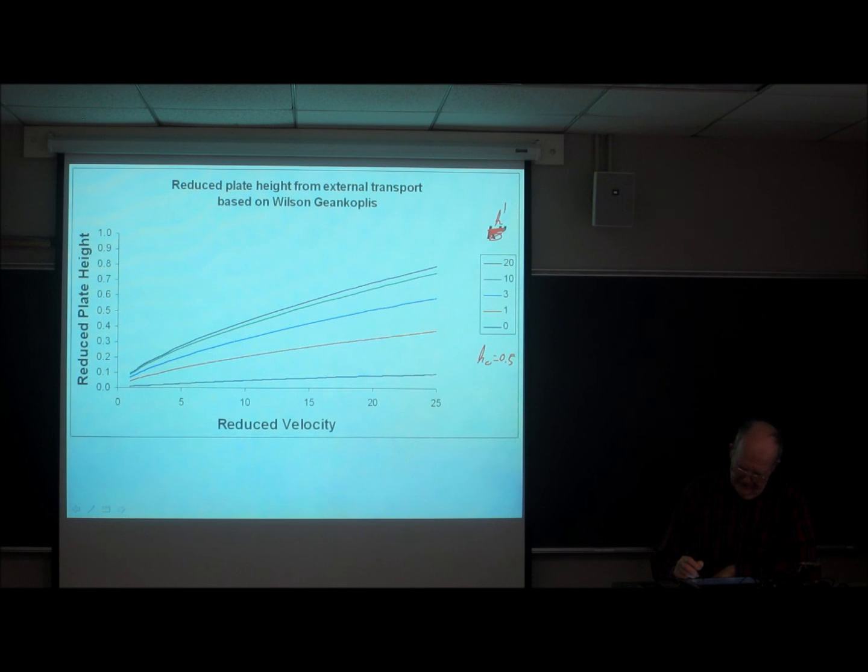So here's K prime of 0, 1, 3, 10, 20. You see it's approaching a limit. If K prime is greater than about 20, you don't see much difference anymore. The more retention, the more resistance you have in the station, from the external transport.